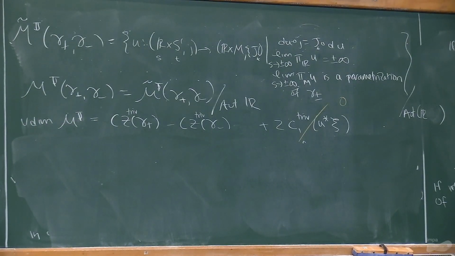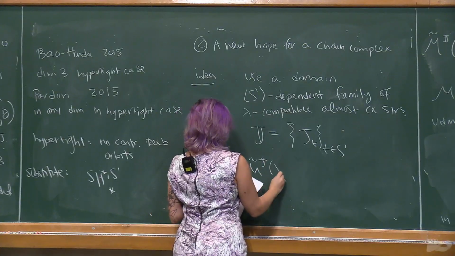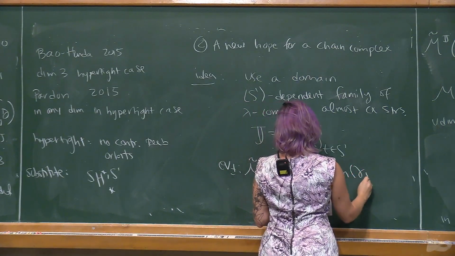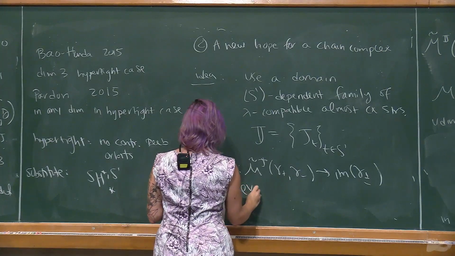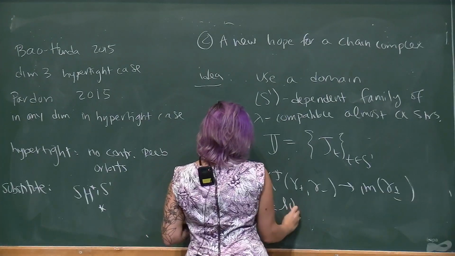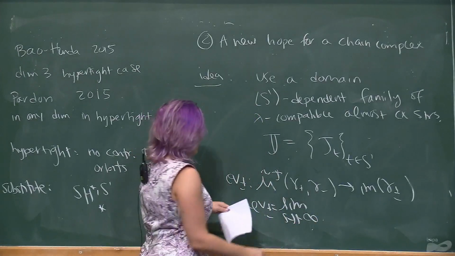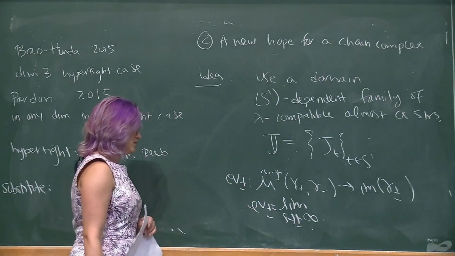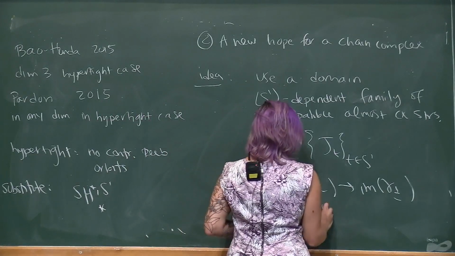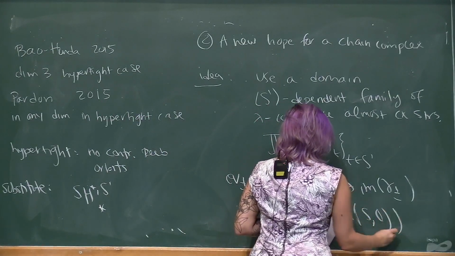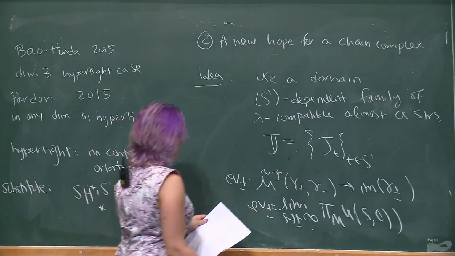Okay, so Ev plus minus is going to be a map from M tilde J, gamma plus minus, to the image of your Reeb orbit. Ev plus is going to be the limit as s goes to plus infinity, and Ev minus is going to be the limit as s goes to minus infinity, of the projection of your curve to M, where you put in s, 0.